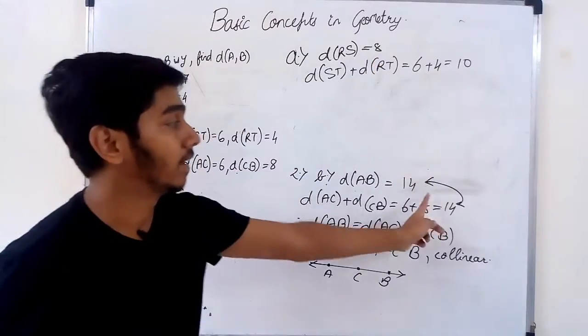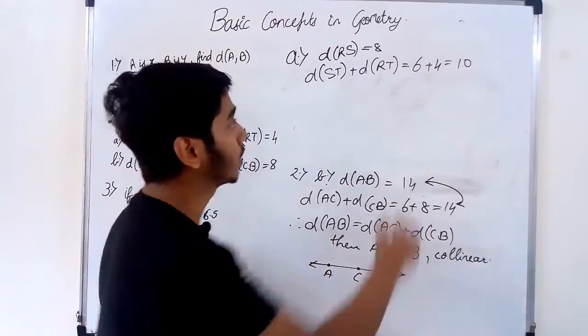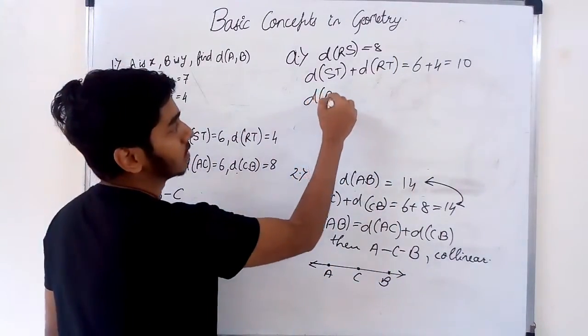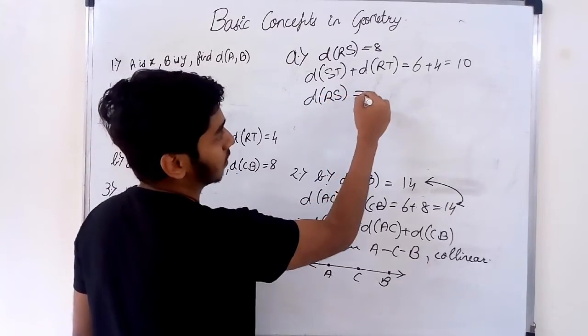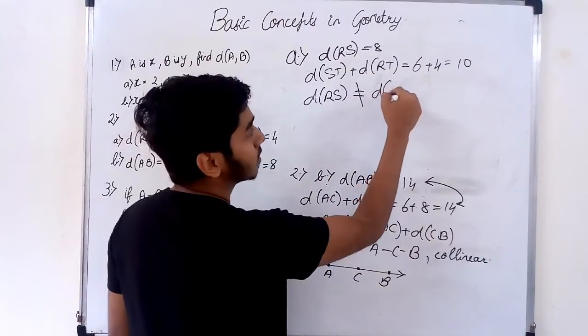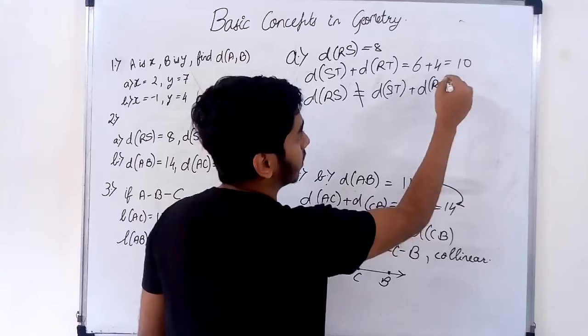Now if you see, it is not happening. This is 8 and this is 10. Okay, so if these two are not equal, distance RS is not equal to distance ST plus distance RT.